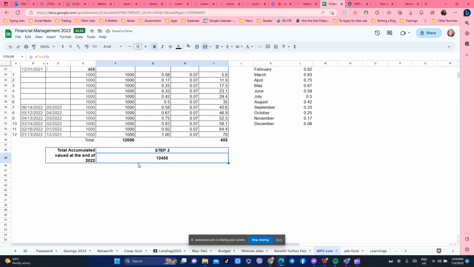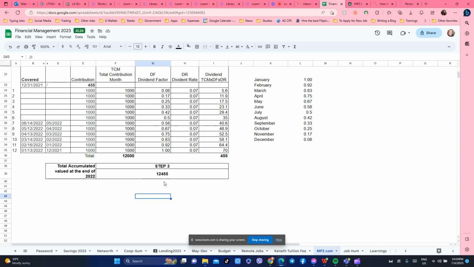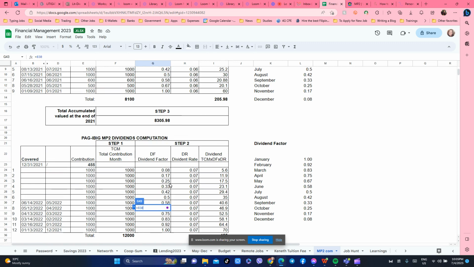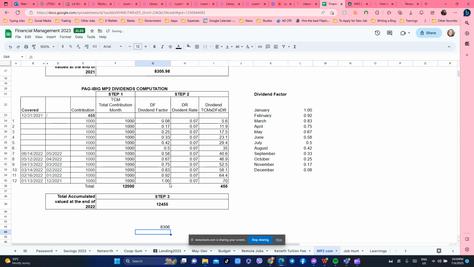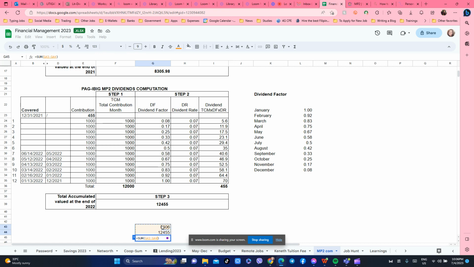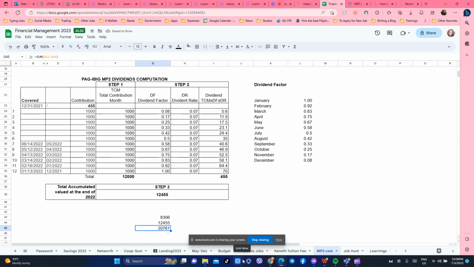Wait. 8,306 plus 12,455. We have the total of, oh gosh, wait. Oh, we have this one. We have 20,000 for 2 years, and you have 706 pesos interest for 2 years.